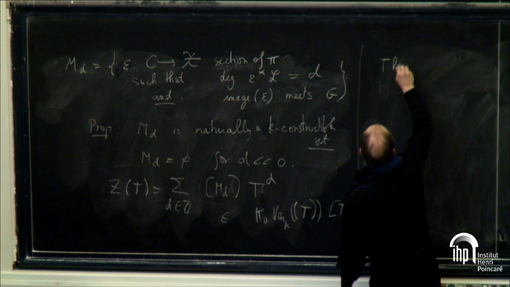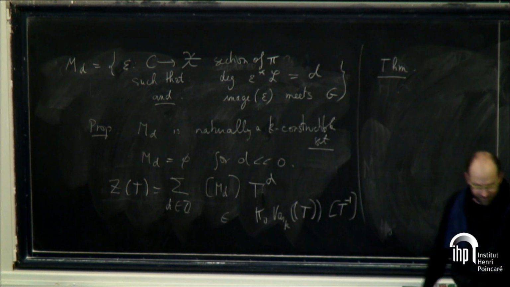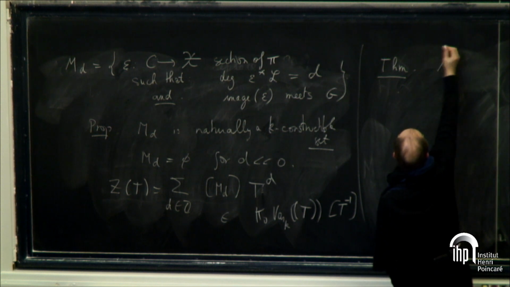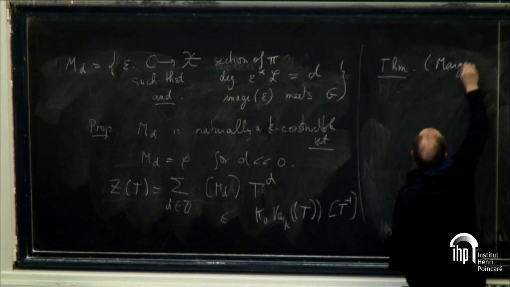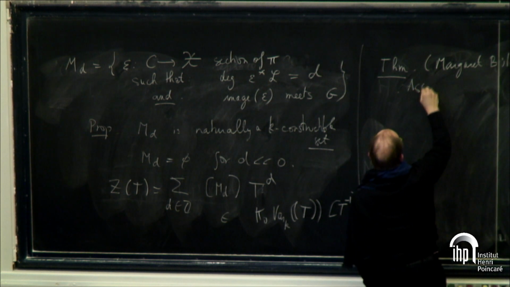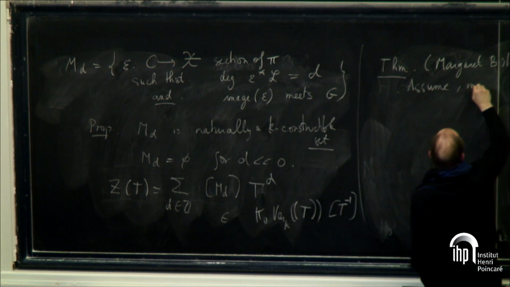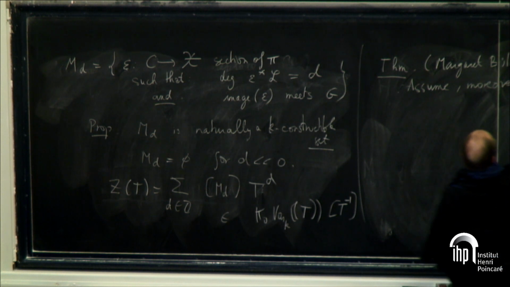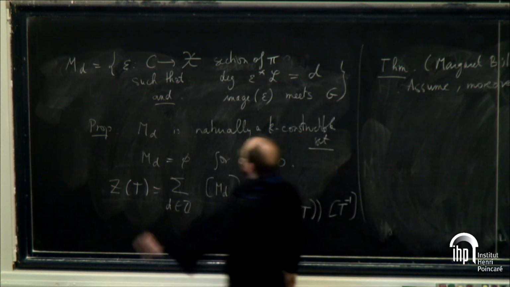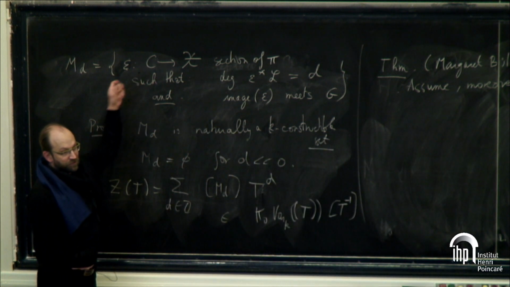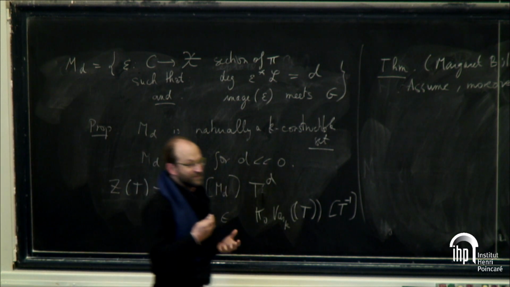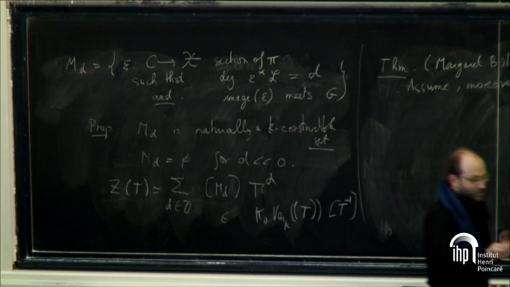And so the main result of Margaret Bilu's PhD thesis is that one assumes, so one is interested in spaces of such sections. For these spaces to be non-empty, there is an obvious necessary condition of a Hasse principle type.